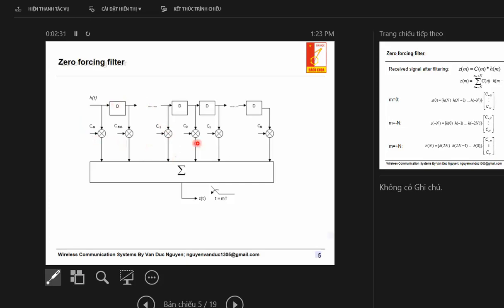And as I said in the morning session, the filter coefficient can be computed one time before simulation, or it can be adaptively calculated according to the channel coefficient. It means that it can be adaptively updated according to the channel state information.